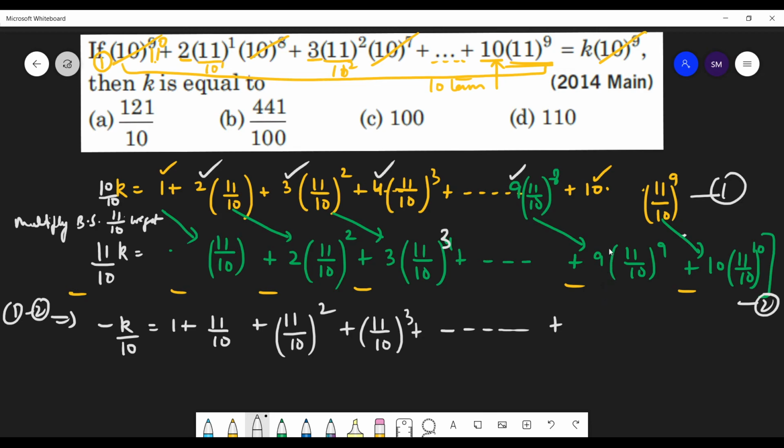Plus here again 10 minus 9 is 1, and 11 by 10 raised to the power 9. Now you have another term, minus 10 into 11 upon 10 raised to the power 10. So that is a separate term, students. Now how many terms do you have here?